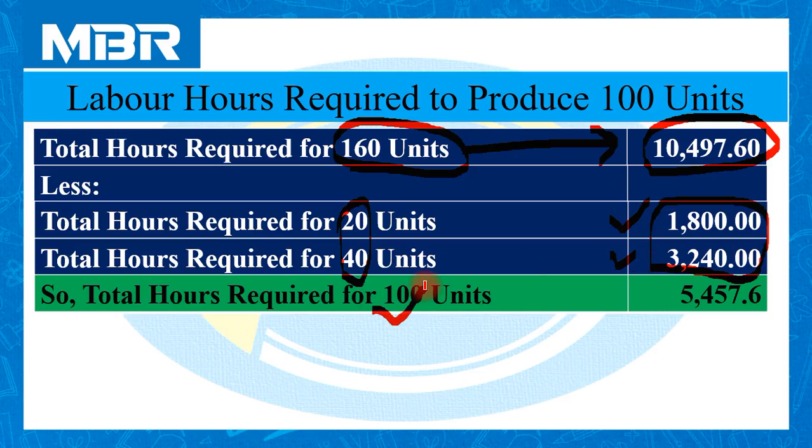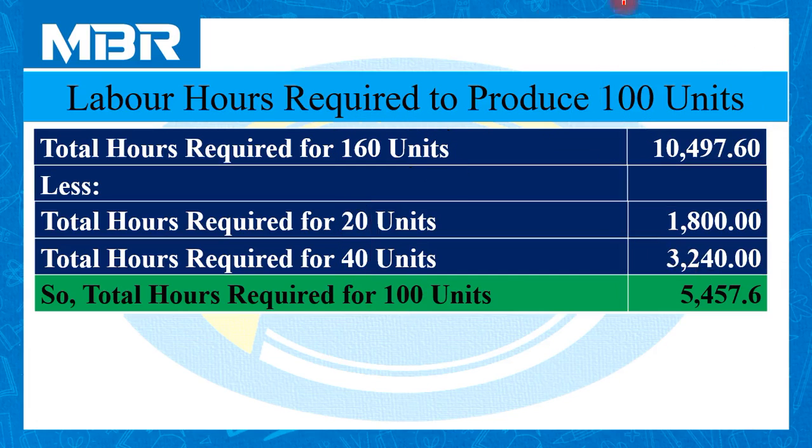We need to calculate 100 units anyhow. And 100 units are possible if you deduct 60 units from 160. In any other combination, it is not possible. So here we need to apply simple logic in order to calculate labor hours required for the manufacturing of 100 units.